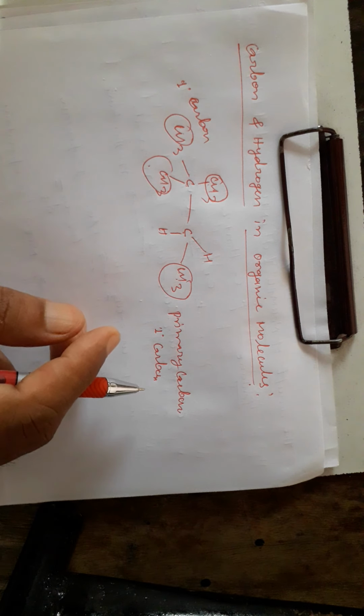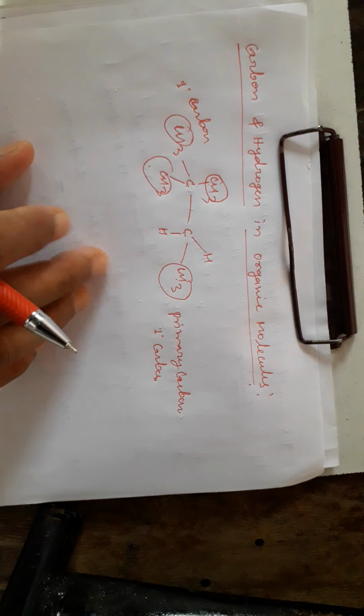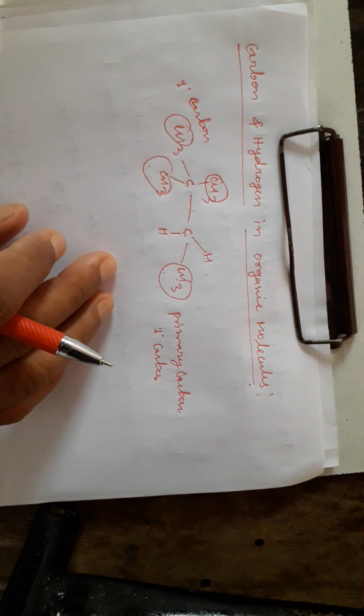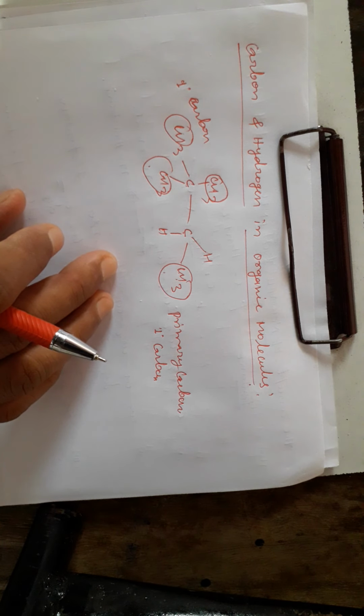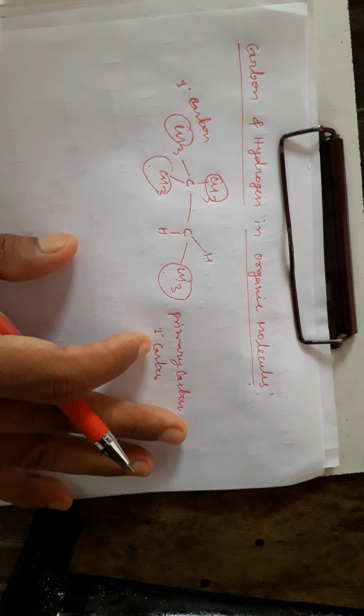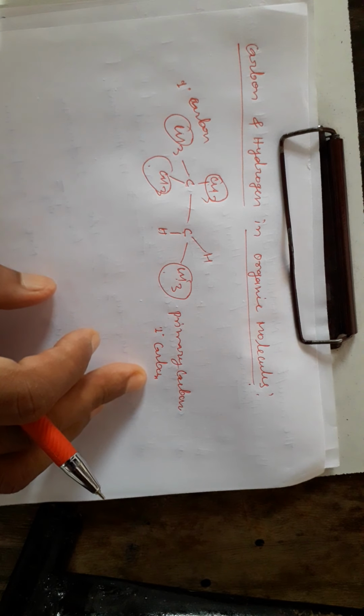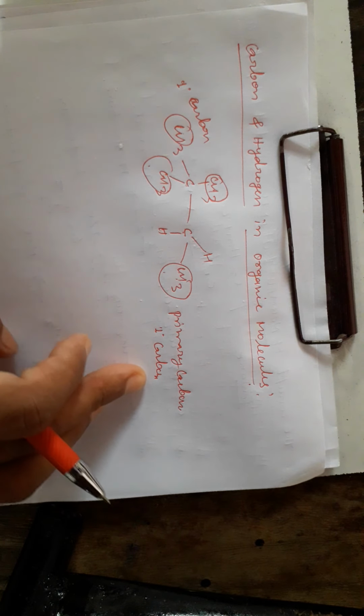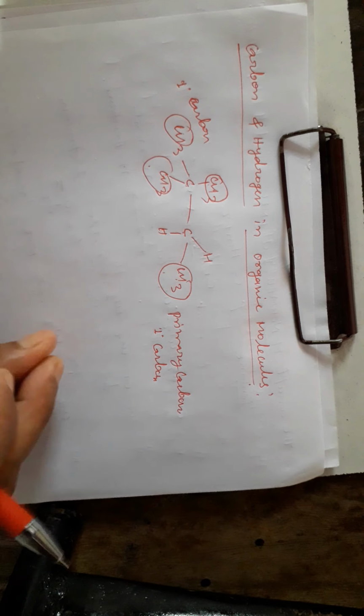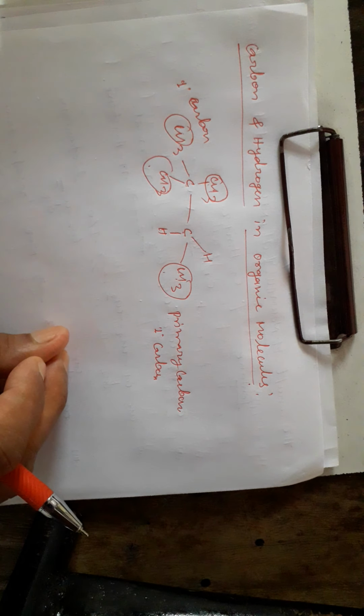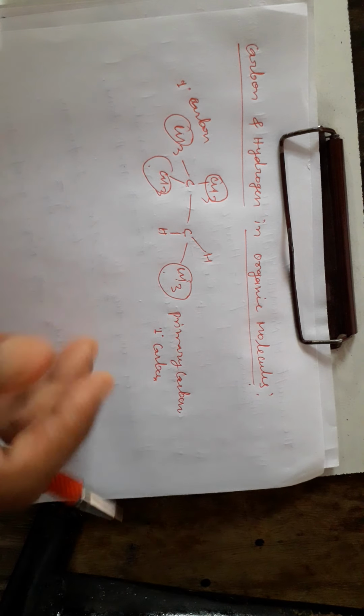Further, a carbon in a molecule attached with two other carbons is called secondary carbon. Secondary, tertiary and quaternary carbons are assigned in a particular molecule.